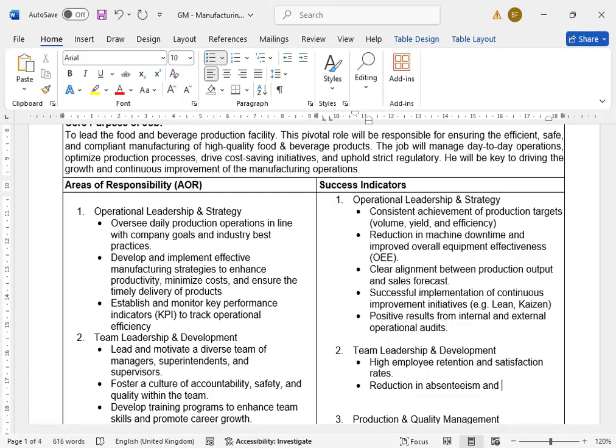You reduce staff turnover. Okay. Another one is consistent performance reviews.